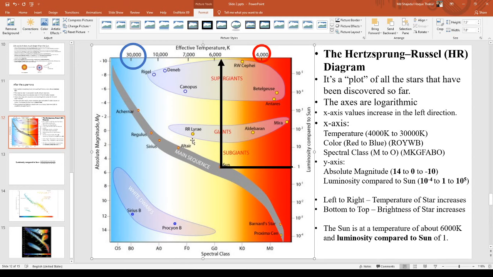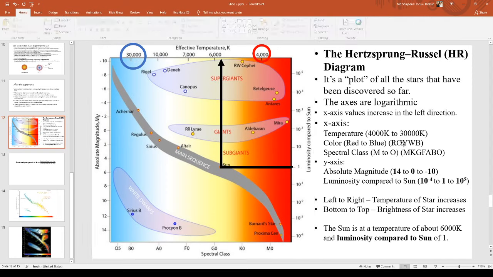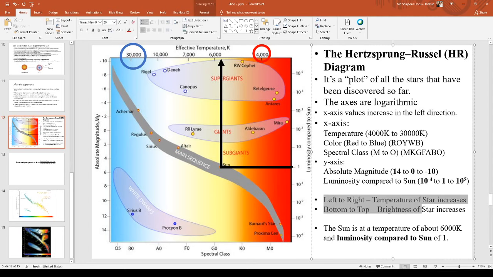On the x-axis, from left to right, temperature increases. So overall we can conclude two things about the Hertzsprung-Russell diagram: from left to right the temperature of the star increases, and from bottom to top the brightness of the star increases. Are these points clear? I hope these are clear.